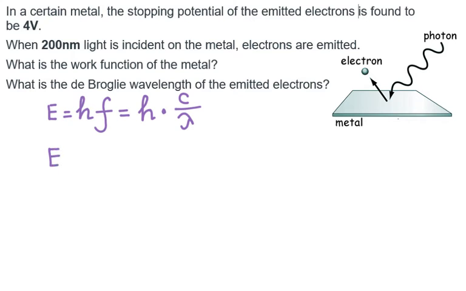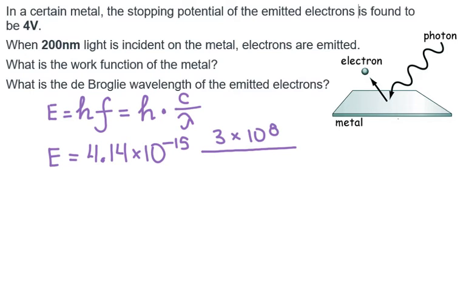So I'm going to plug in the numbers in electron volts. The Planck constant is 4.14 times 10 to the negative 15 electron volt seconds, and the speed of light is 3 times 10 to the 8. The wavelength that they give you is 200 nanometers, which is 200 times 10 to the negative 9.